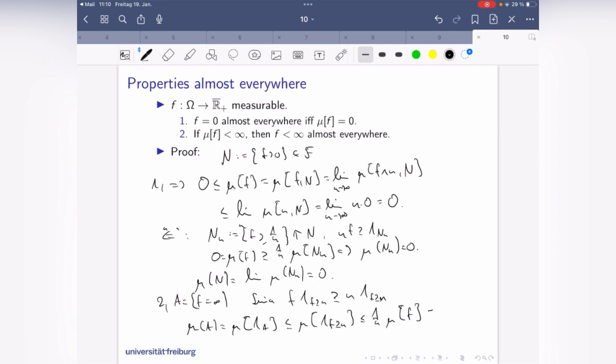So this one certainly goes to 0 as n goes to infinity. Well, and this here does not depend on n at all. That means mu of A must be 0. And we have this property.